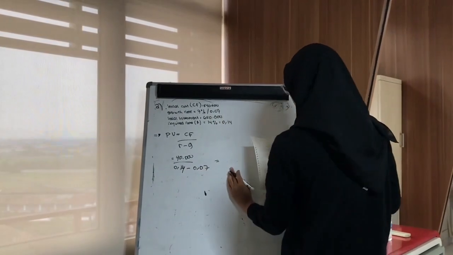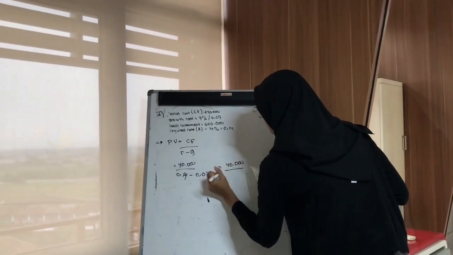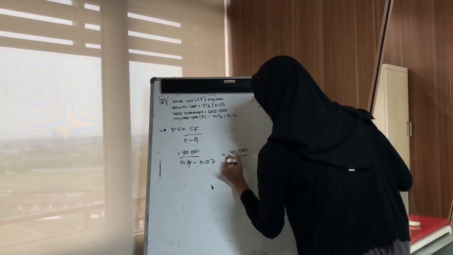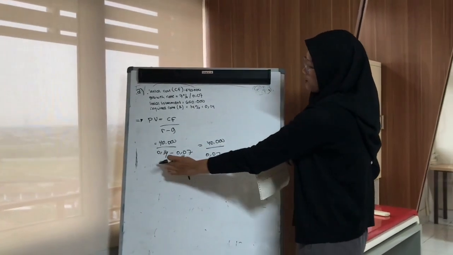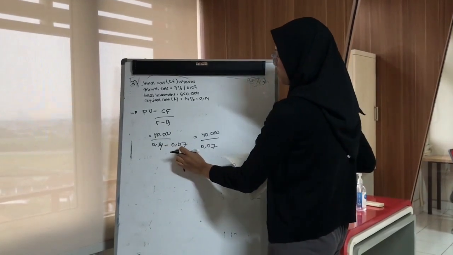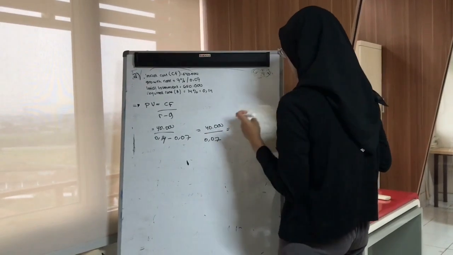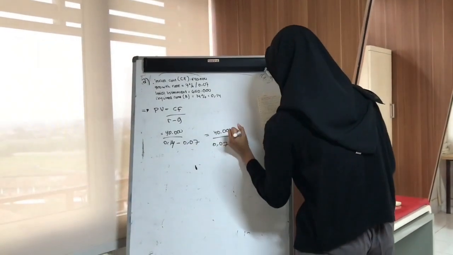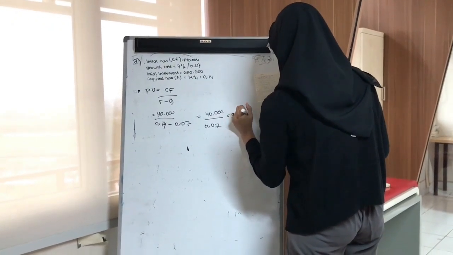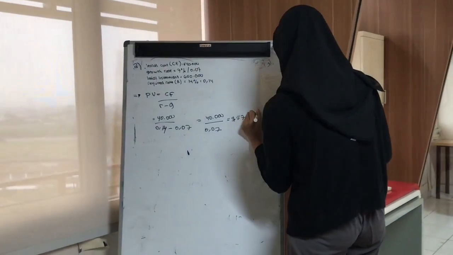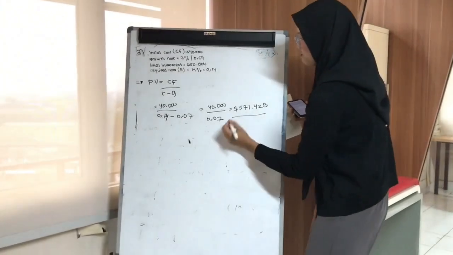After that we find 40,000 divided by 0.07, because 0.14 minus 0.07 is 0.07. After that we divide it and we have the result, 571.428. And this is the PV.